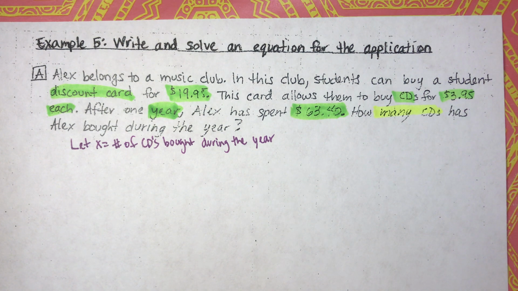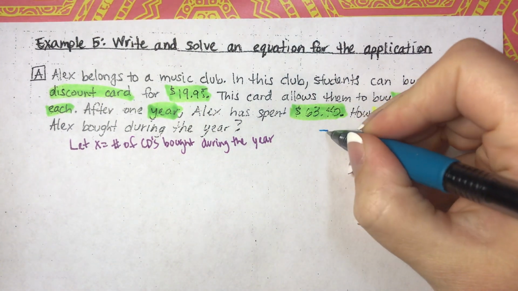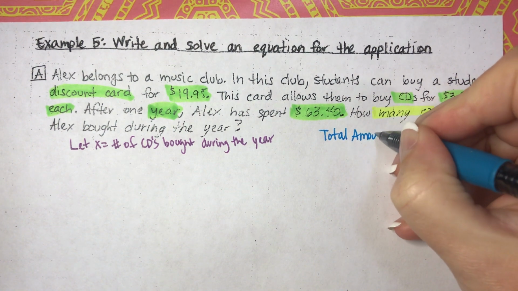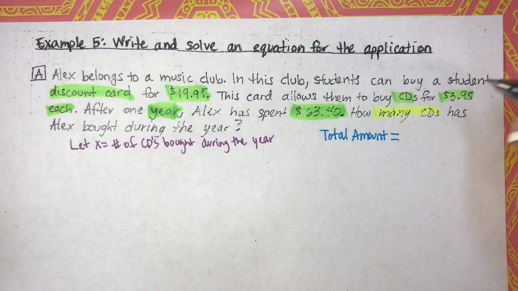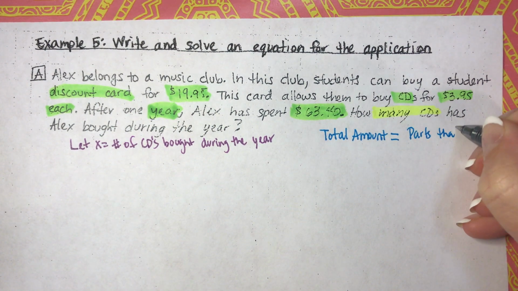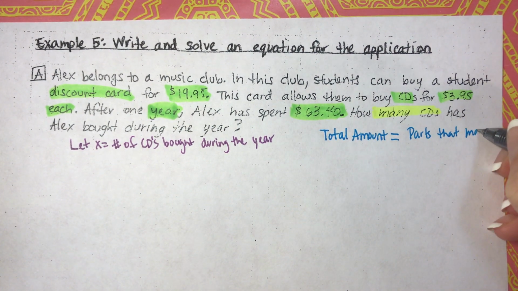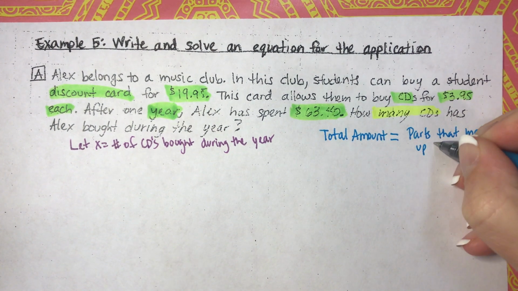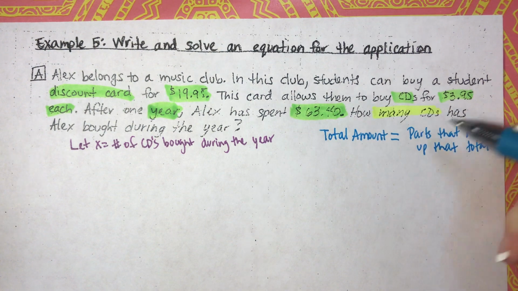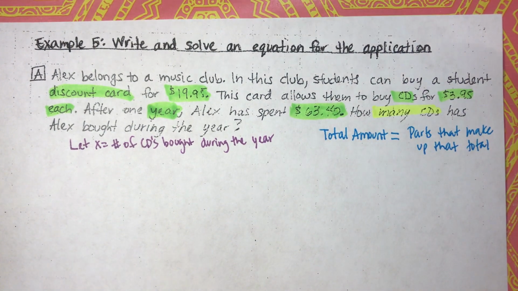This type is a story problem where there is a total amount, and that total amount is equal to the parts that make up that total.